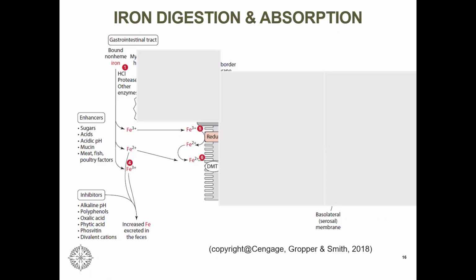Again, I don't know why it's happening, but that's our body for us. That's why we need vitamin C. That's why we need an acidic pH. That helps this conversion. Plus, we also have that reductase enzyme that we talked about earlier in regard to copper. That enzyme can also do this work.